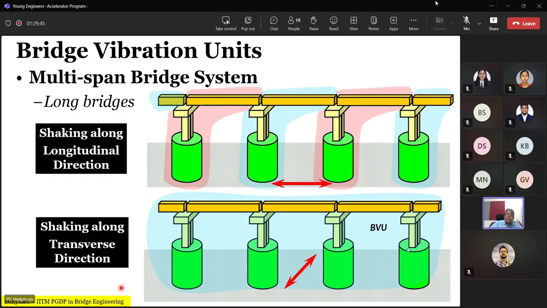Logically, in the transverse vibration, the whole bridge acts like a single vibration unit. Is there any circumstance in which, without changing the bearing articulation, you can avoid treating the full bridge as a single vibration unit? From the analysis point of view, is there any circumstance?